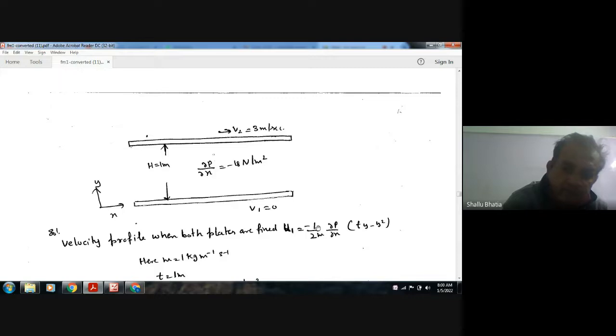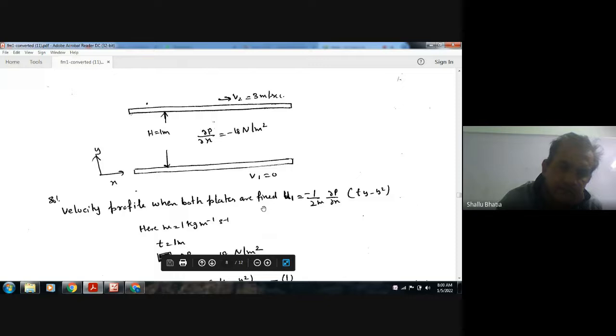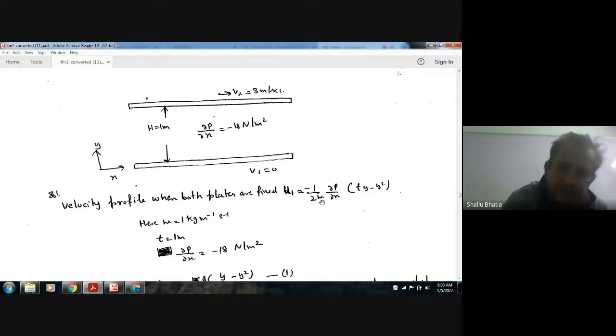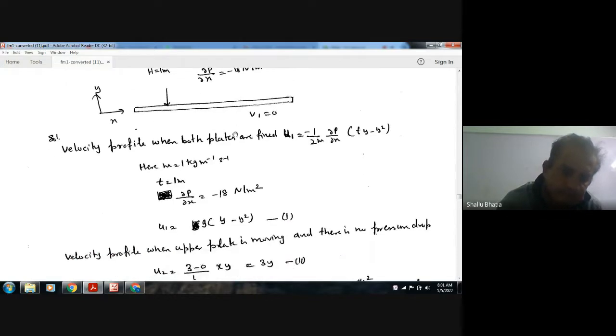Here y is the distance from the stationary plate, where u is the velocity at distance y, and t is the thickness of the gap, which is 1 meter. del p by del x is minus 18, and mu is 1 kilogram per meter per second.